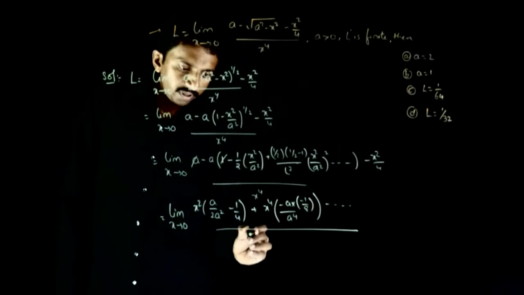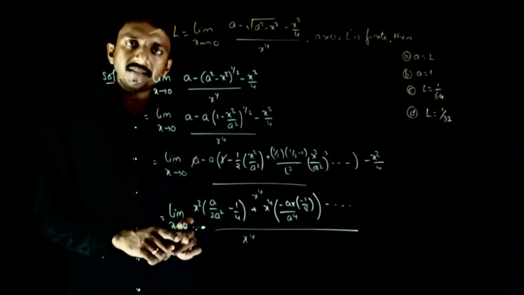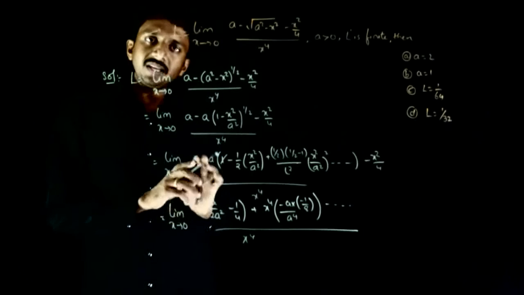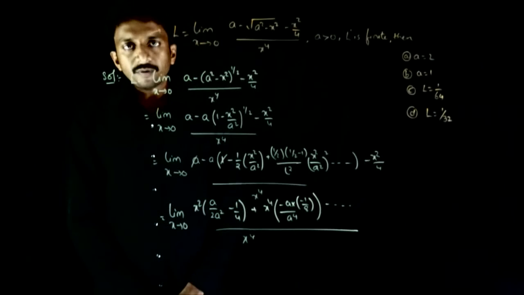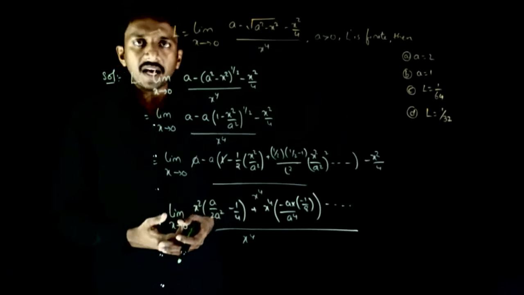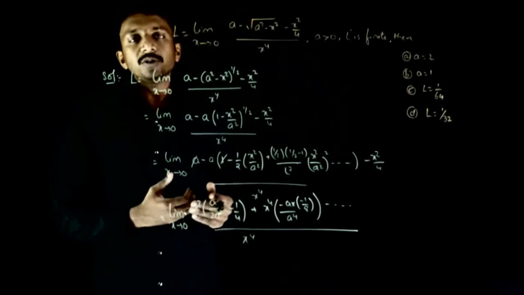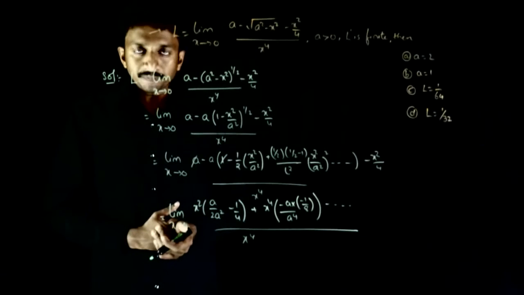So by a power 4 divided by x power 4. Now we know that when x is tending to 0, only the least power of x matters. So in the denominator the least power is x power 4. If this limit has to come out finite, then the power of x in the numerator should also be 4.